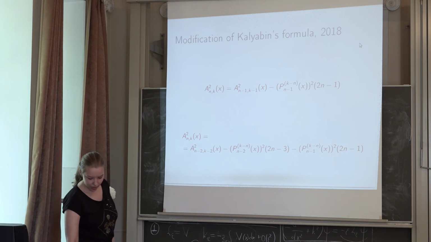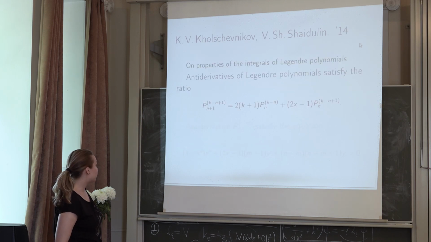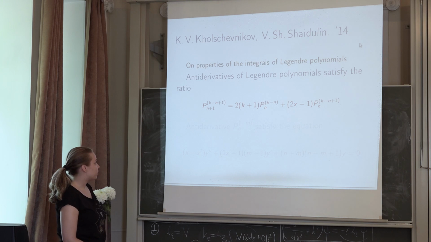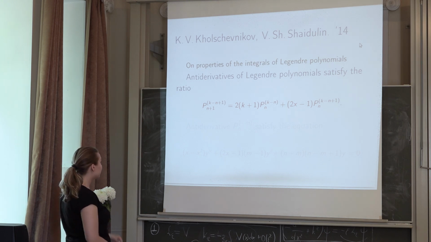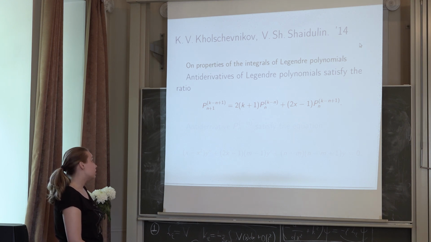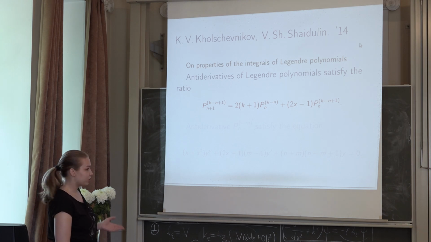So we tried to find another approach using the properties of antiderivatives of Legendre polynomials. These are some results of Kholshchevnikov and Sheindlin, 2014. They obtained some formulas which connect different integrals of Legendre polynomials.